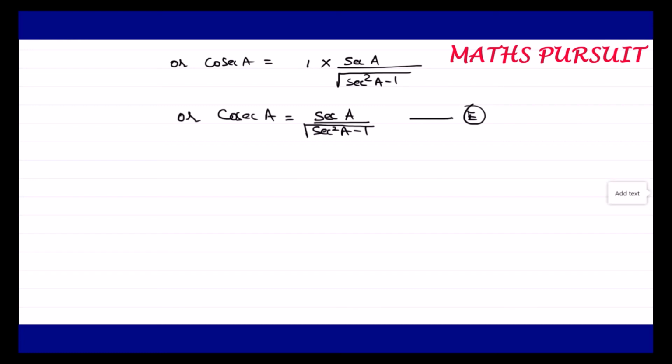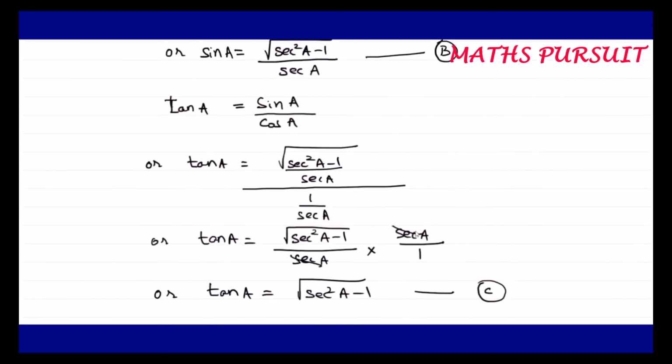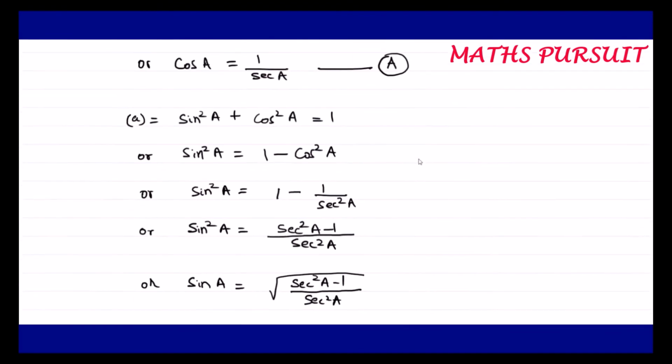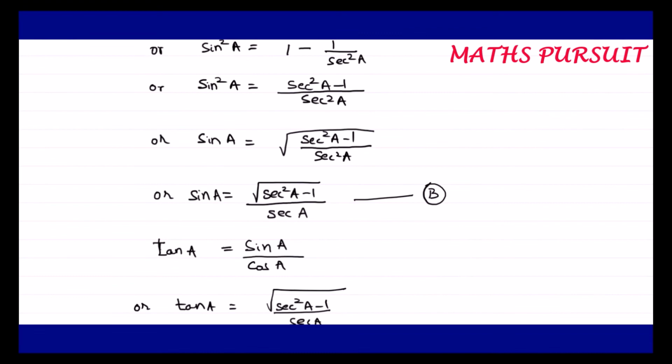These things are really super easy, and you could see that at A we got the value for cos. So here we converted the value of cos into 1 upon sec A. It satisfies the given condition, or it satisfies the given question.